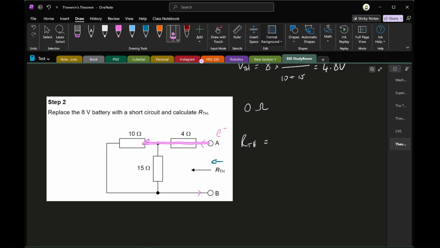Some is going to go this way, and some is going to go that way. And then it's all going to rejoin at this other node. So from that we can get 4, our series resistance, plus then the product over sum, 10 times 15 over 10 plus 15. And that gives us a Thevenin resistance of 10 ohms.